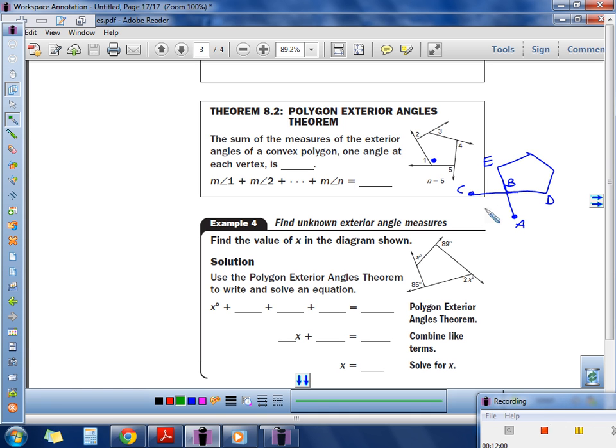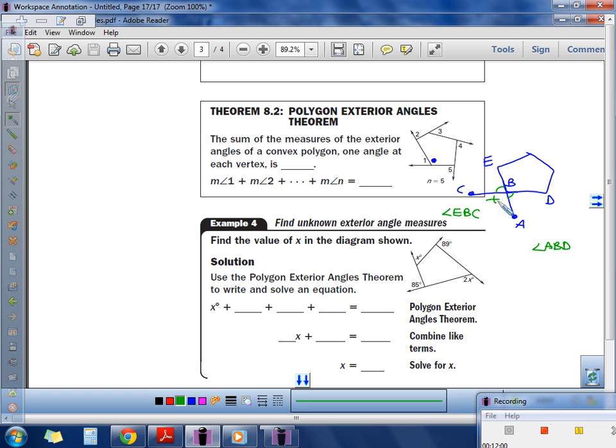Who could give me an exterior angle from that picture? All right, go ahead. What do you think? ABD is correct. Can anybody give me another angle? Yes. CBA is incorrect. This one is not good. EBC is correct.